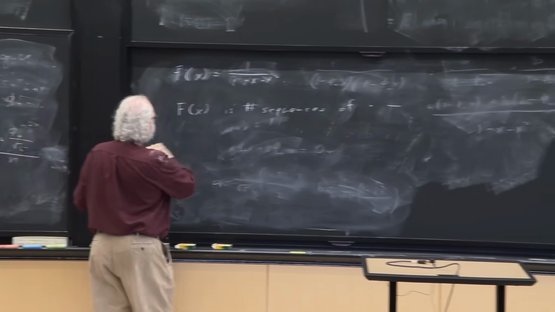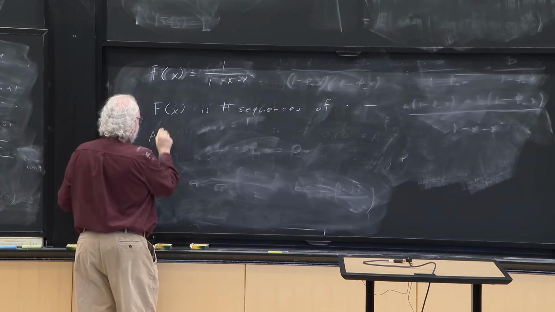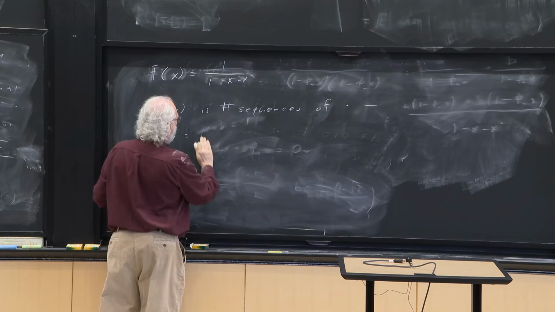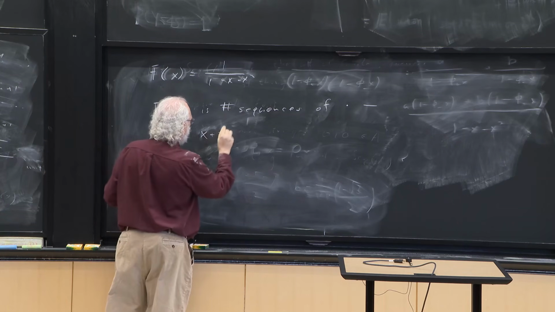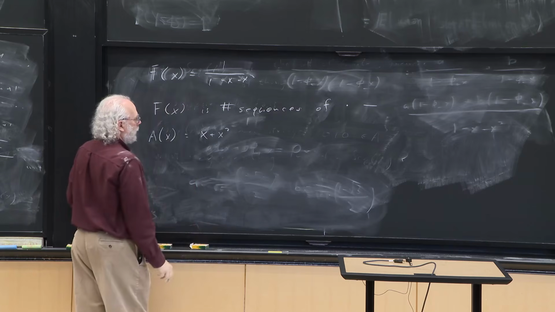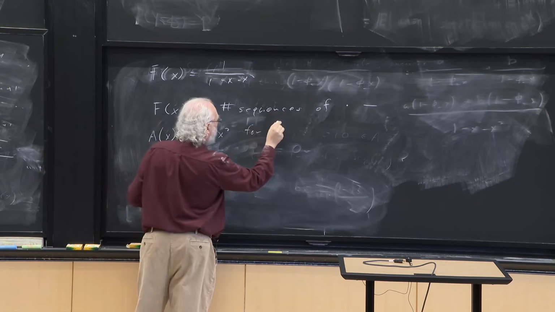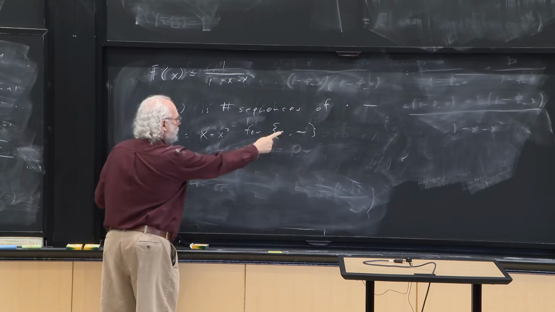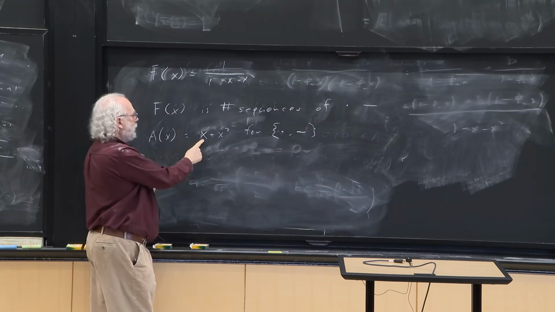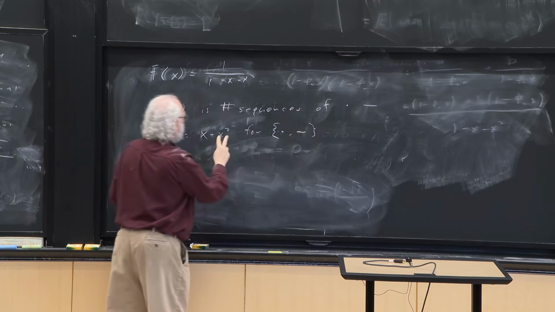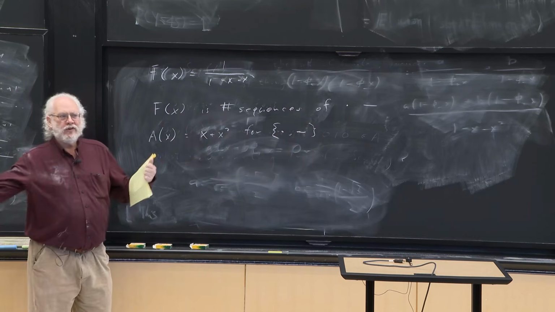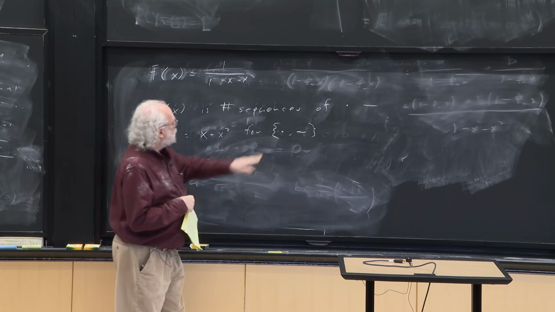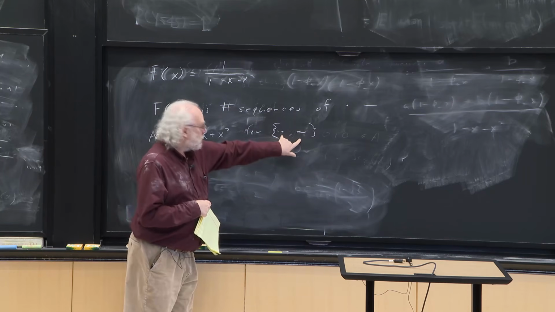So the generating function a of x equals x plus x squared for dot and dash, because dots have time 1, which is x, dashes have time 2, which corresponds to x squared, and we just add them because, when you have two disjoint things, you take the sum.